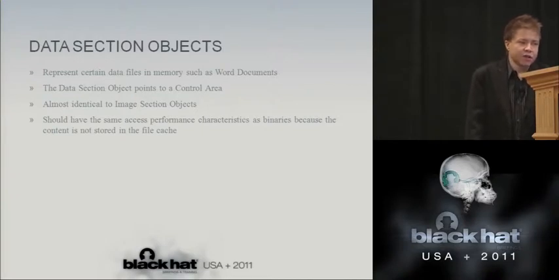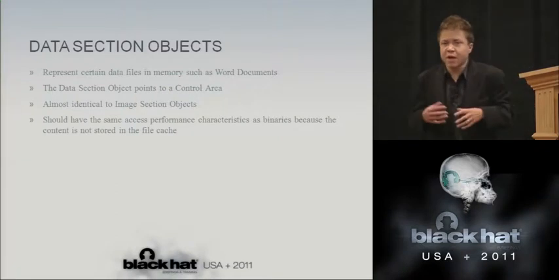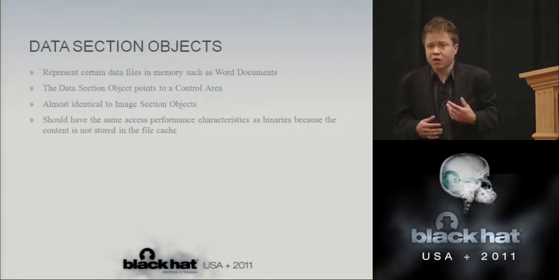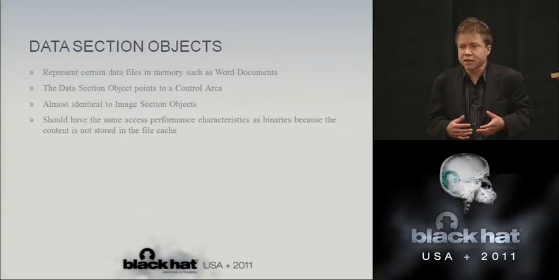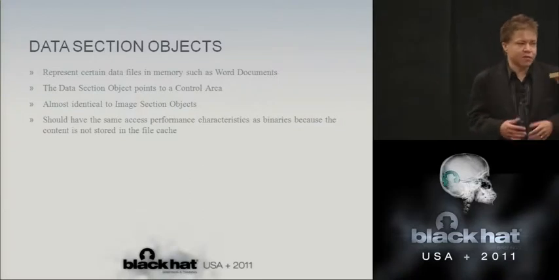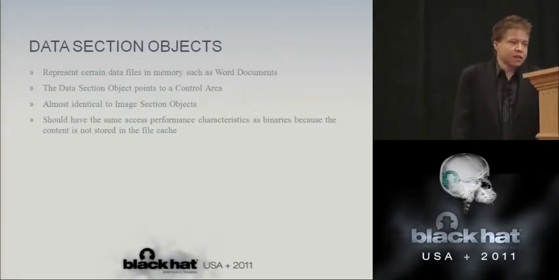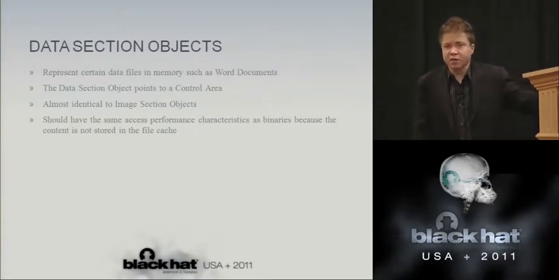I'm sure there are certain APIs that you would call that would automatically create data section objects, but I just haven't had the time to research that yet. However, we did notice in our research that Word documents appear to be represented as data section objects.